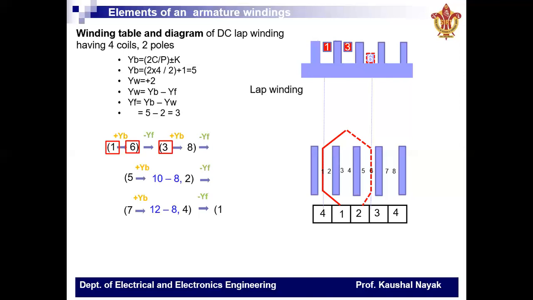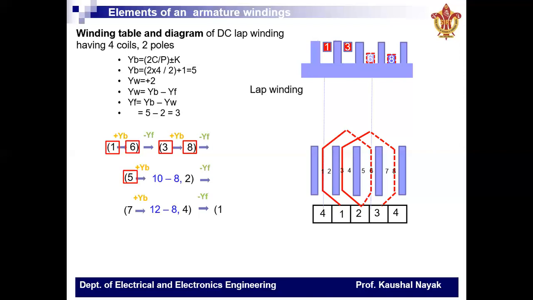Next, coil side 3, which is a top layer. We complete the winding diagram simultaneously, and also by knowing the second coil side or bottom coil side of the second coil and its position, we can complete the winding diagram for coil 1 and coil 2.